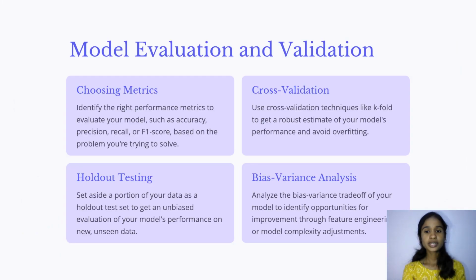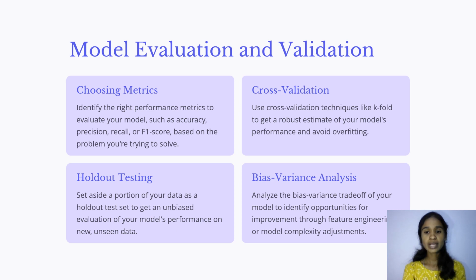Model evaluation and validation: choosing metrics, cross validation, holdout testing, bias variance analysis. First, choosing metrics. Identify the right performance metrics to evaluate your model, such as accuracy, precision, recall, based on the problem you are trying to solve. Next, cross validation.